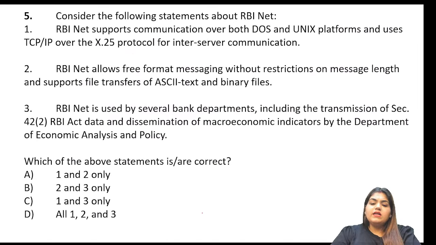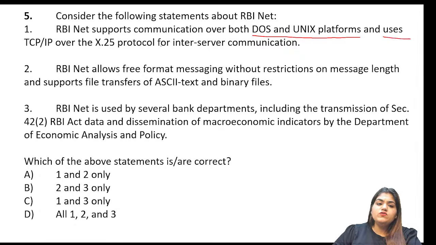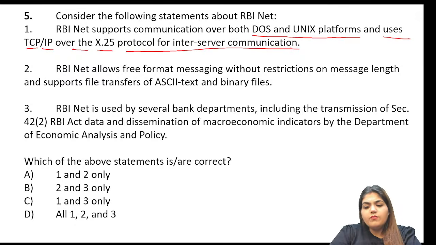Next, consider the following statements regarding RBI net. Statement number 1. RBI net is developed in C. There is a C language, right? So RBI net supports both DOS and Unix platforms and uses TCP/IP over the X.25 protocol for inter-server communication.